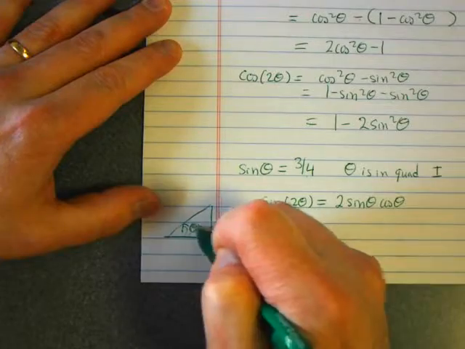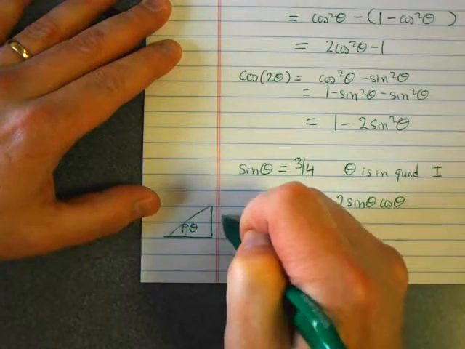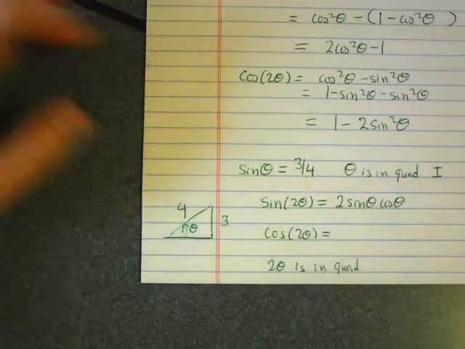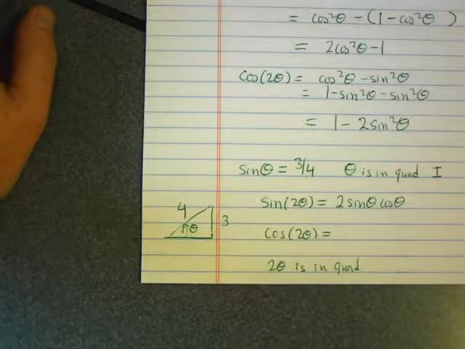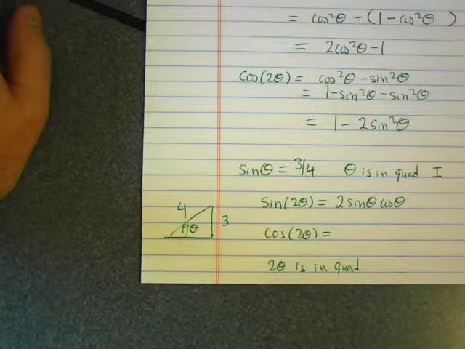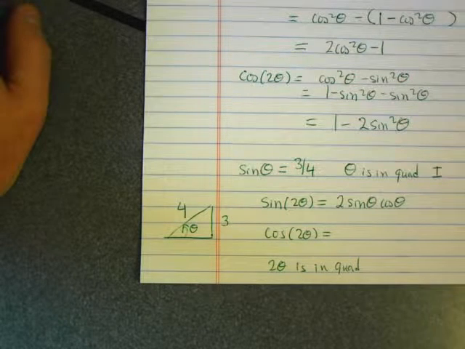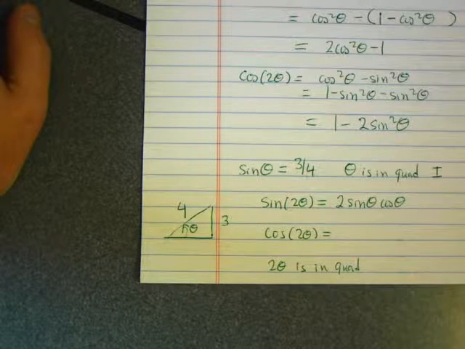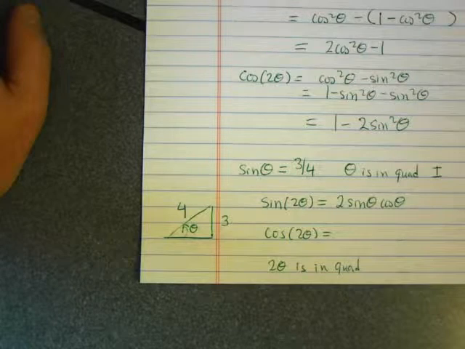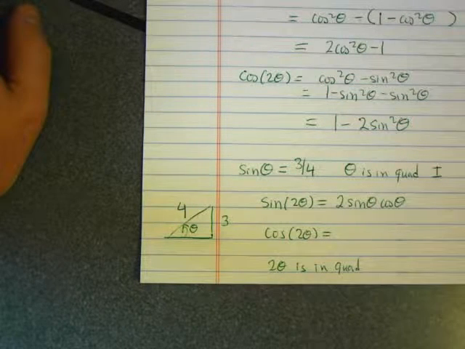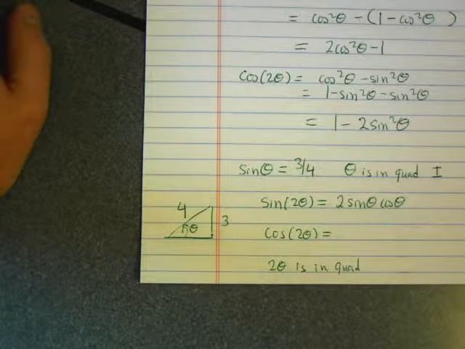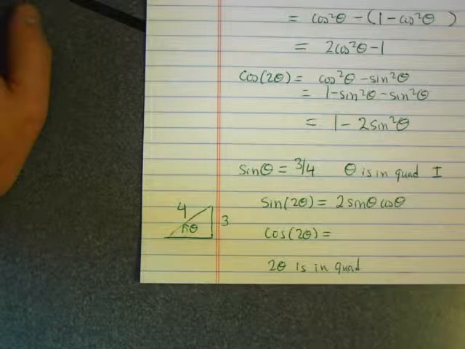Here's angle theta. So this would have to be 3, and that would have to be 4. How long is the other side? It doesn't work as 5 this time. This is not our 3, 4, 5 triangle because 5 would have to be the hypotenuse. Is it 2? No, I don't think 2, 3, 4 works. It's the square root of 7.